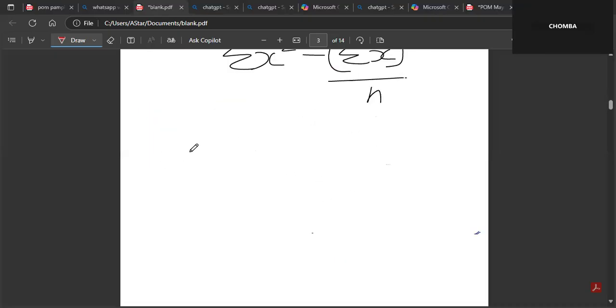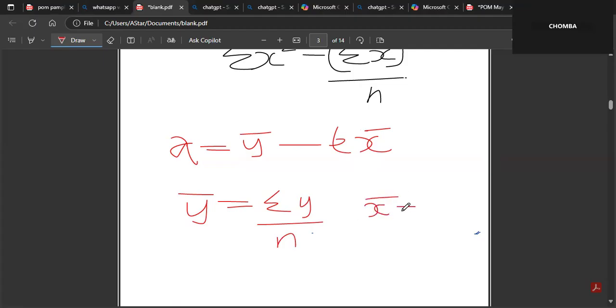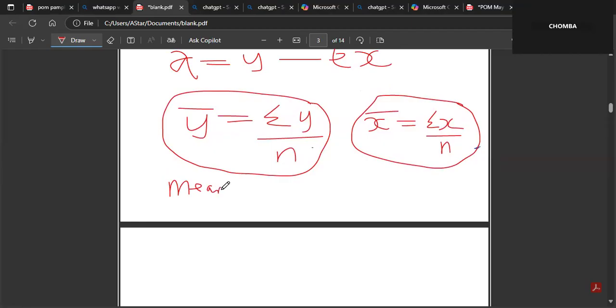Now the alpha is equal to y bar minus b x bar. Our y bar is equal to summation of y over n. Then our x bar is equal to summation of x over n. So it's the mean of y, and this one is the mean of x.